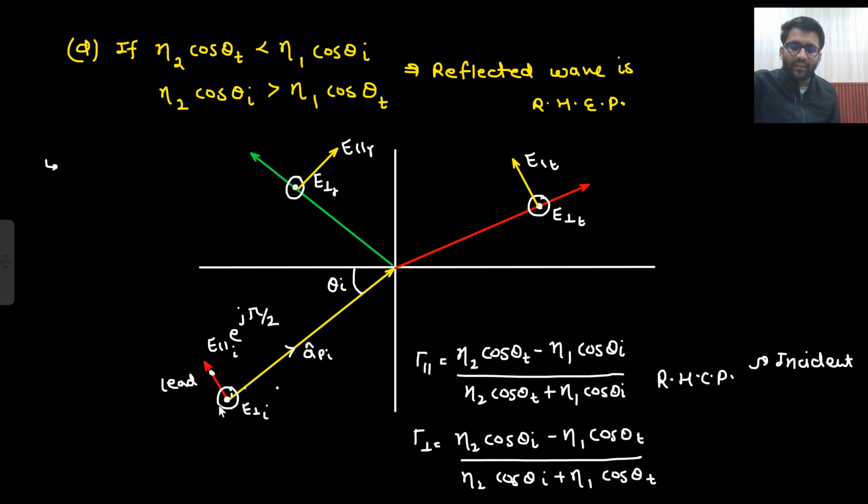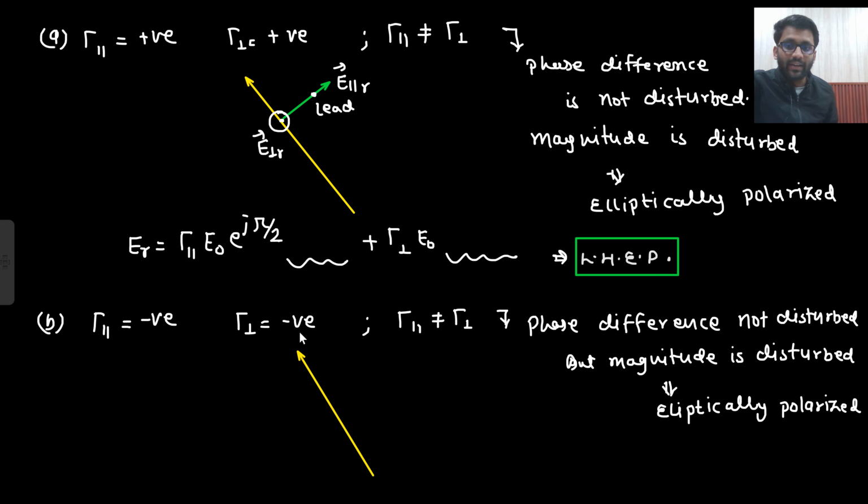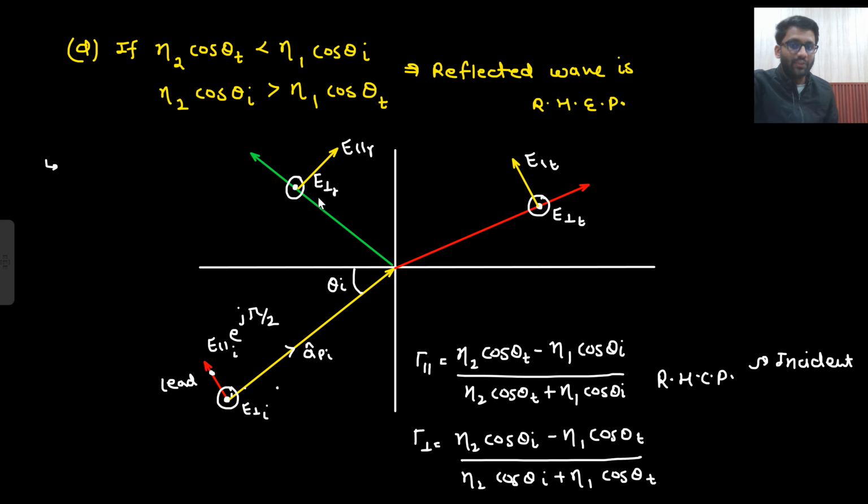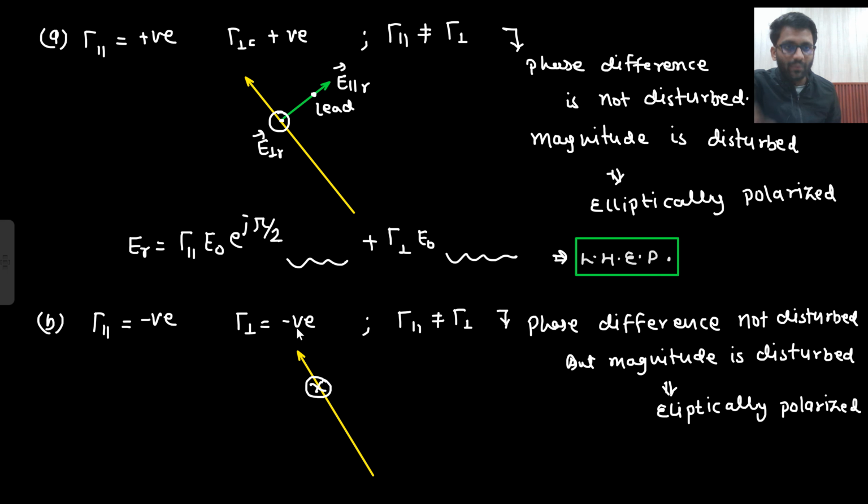So here, what was our assumption? That the perpendicular component is never changing its direction. But if you are getting gamma perpendicular to be negative, that means in the reflected wave it will change direction. We assumed it to be coming towards us, but since gamma perpendicular is negative, it is going inside the plane.